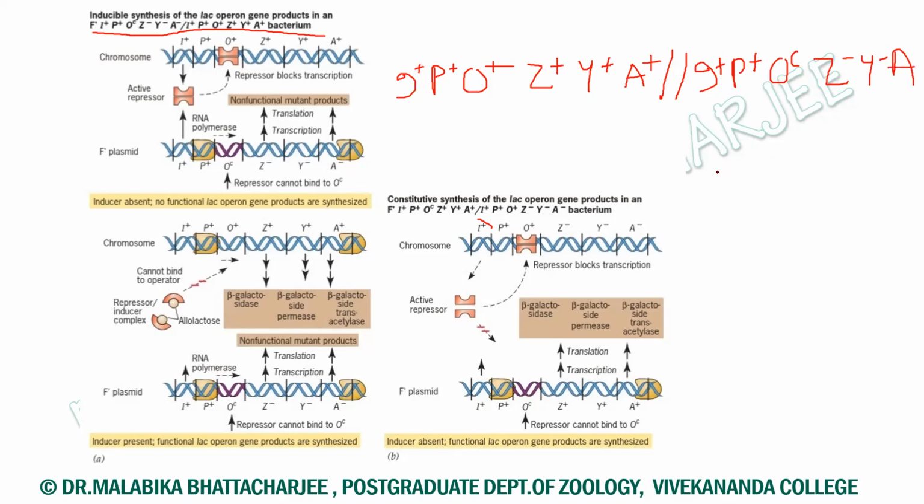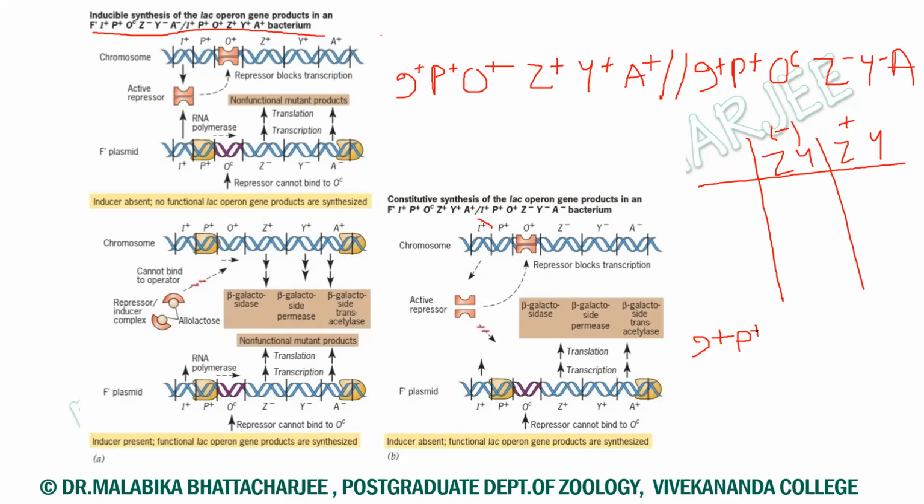You have to state the condition of Z and Y in absence of lactose and presence of lactose. So you have to state this thing. When you do this problem, just like as it is shown here, you draw it as two strands. For your simplified image, I'm drawing it as two strands.